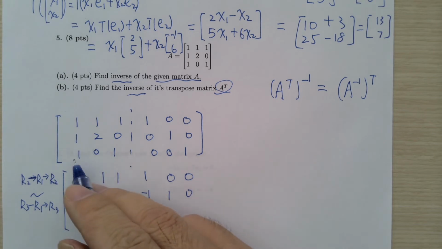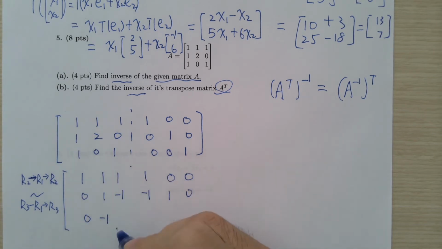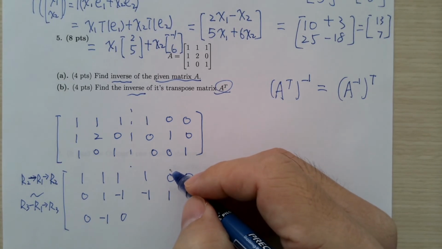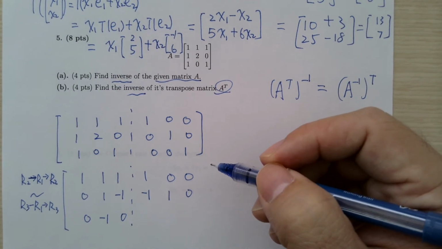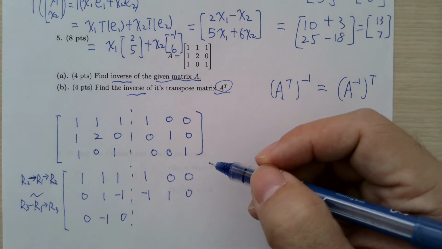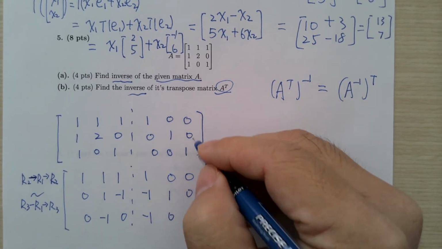Row 3 minus row 1, so this is 0, negative 1, 0, and this is negative 1, 0, 1.